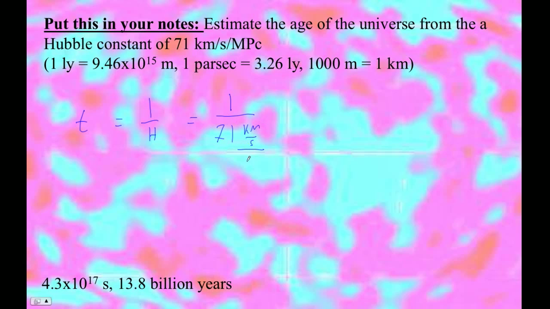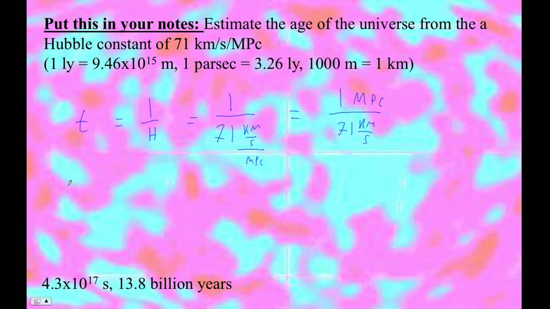Well, we can put the megaparsecs up there, so we have 1 megaparsec divided by 71 kilometers per second. So the question is, how long does it take an object going 71 kilometers per second to go a megaparsec? And the answer is it's going to take a long time because a megaparsec is a heck of a long distance.